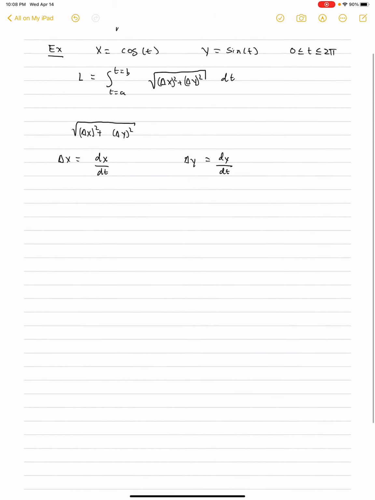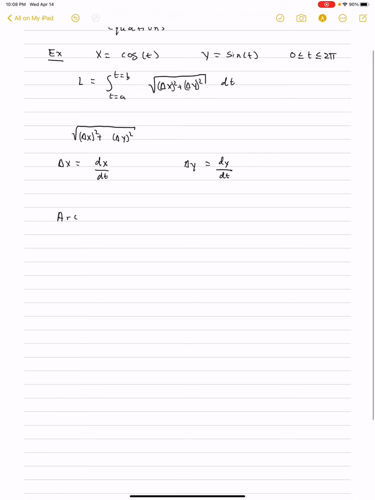And finally, we're going to have that the arc length is going to be this integral from t equals a to t equals b of the square root of dx dt squared plus dy dt squared, integrated with respect to t.